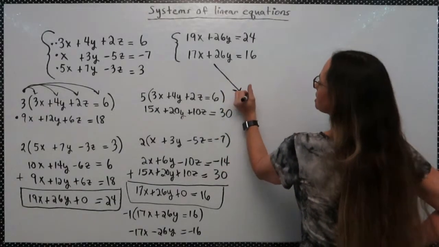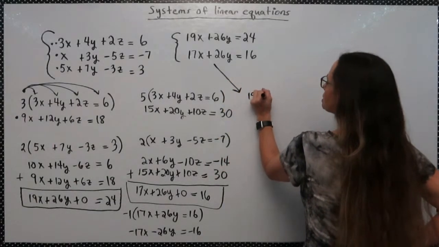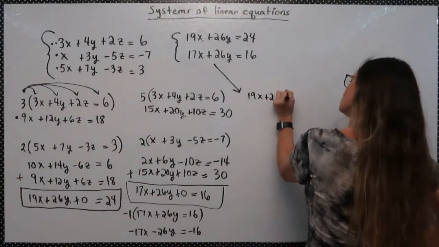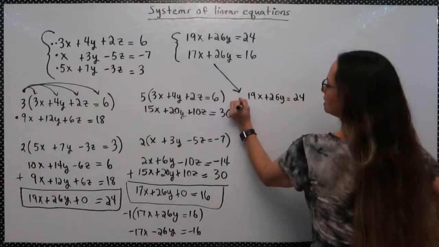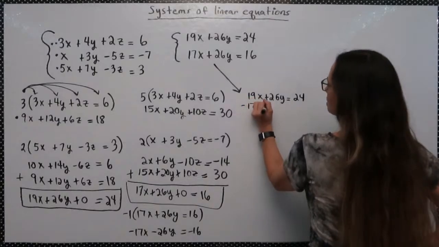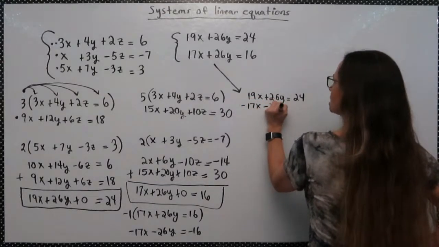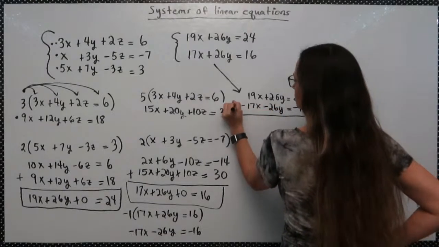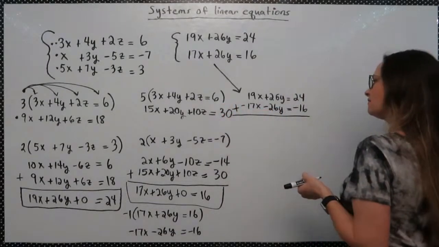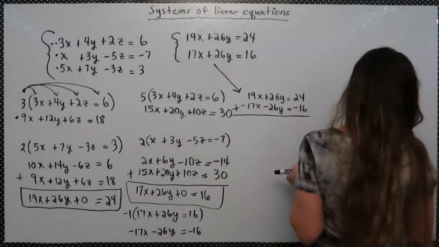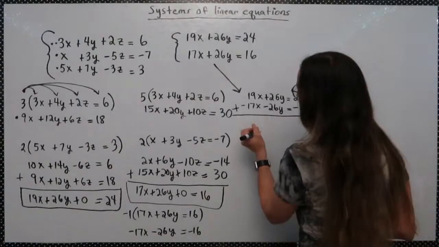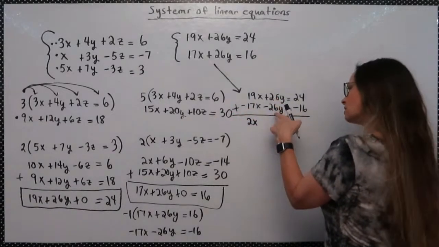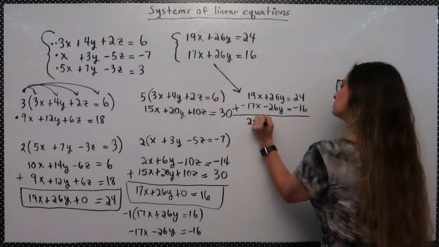So we're going to say 19x plus 26y equals 24. And then -17x minus 26y equals negative 16. Perfect. And so we're going to add those equations, and we have 19 minus 17 is 2x. 26 minus 26 is 0.